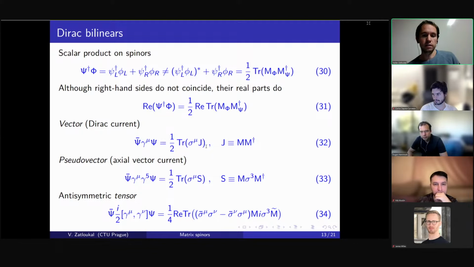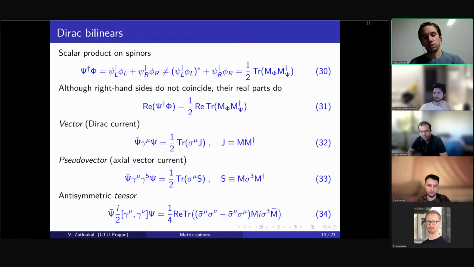What one gets here is that the Dirac current, the psi bar gamma mu psi, is just a mu component of a time-like vector j, where j is given by the matrix spinor as M M dagger. So j is like the current four-vector in the matrix representation, and we are just taking this component.